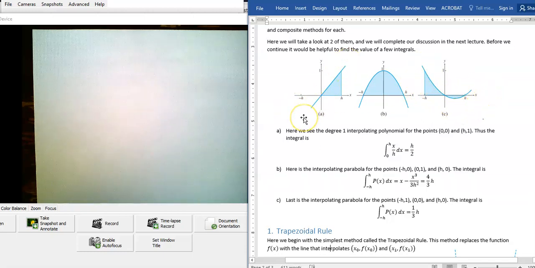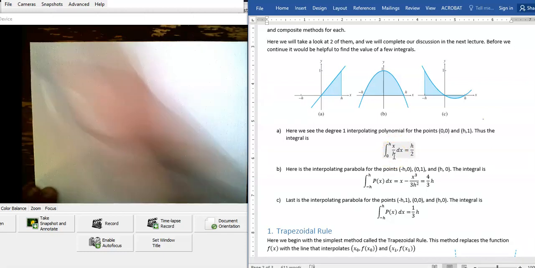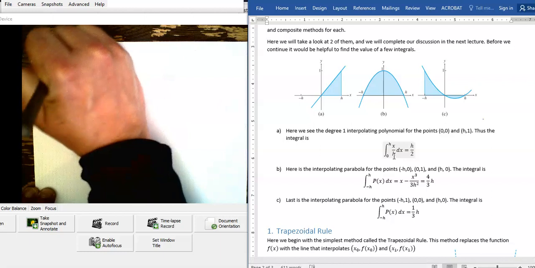So if we look here, we see that this is the degree 1 interpolating polynomial for the points (0, 0) and (h, 1). That will give us x over h as the interpolating polynomial. We can see that here, integral a.